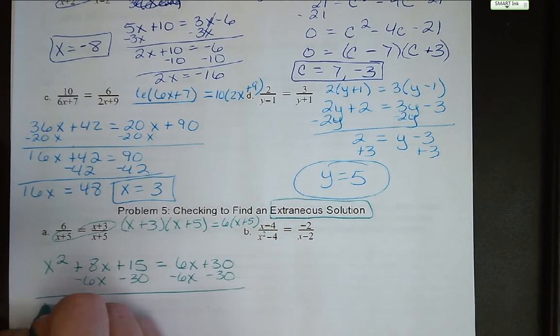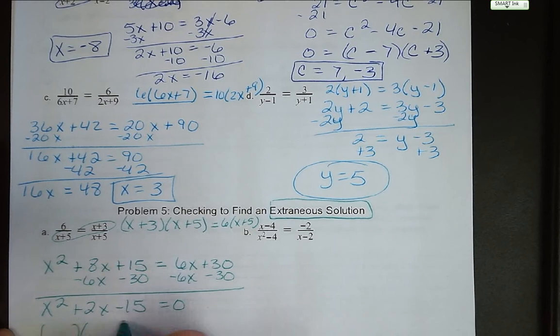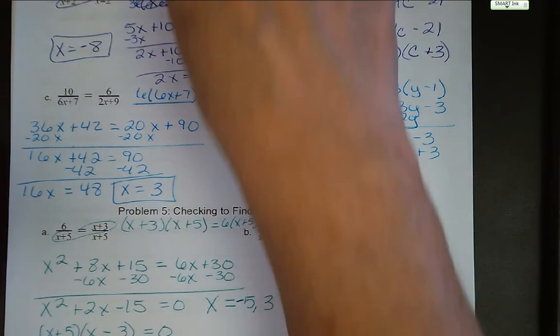And you have x squared plus 2x minus 15 equals 0. So x plus 5 and x minus 3. So our two solutions are x equals negative 5 and x equals 3. But we want to see which ones are extraneous. So let's plug them in.